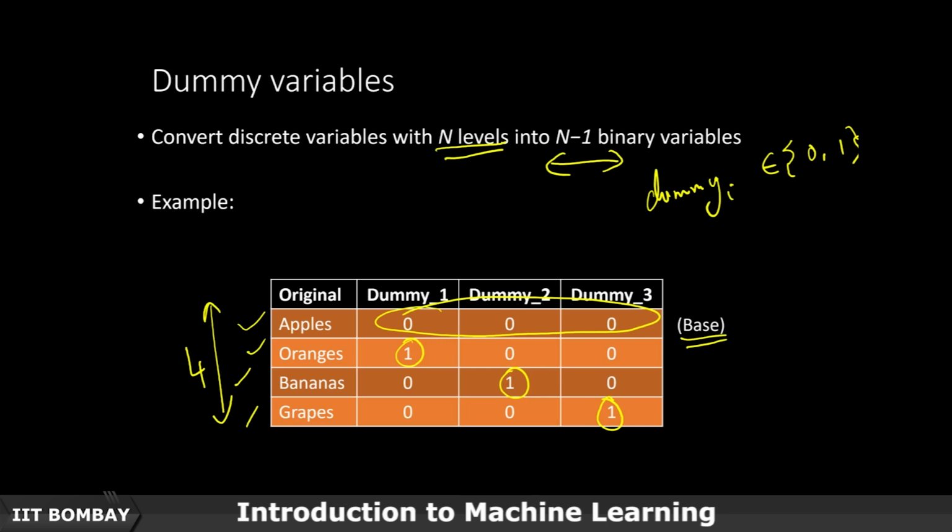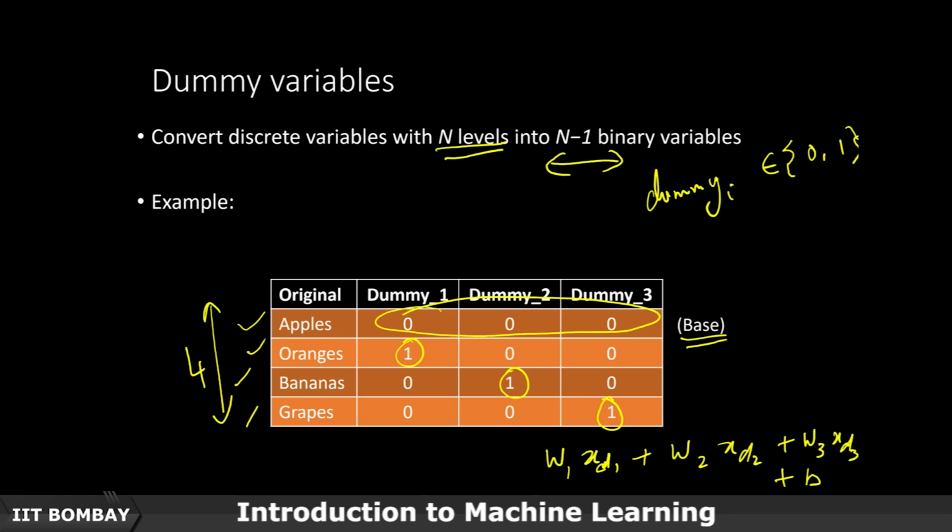So what will happen in the model is that we will have something along the lines of w1 times x dummy 1 plus w2 times x dummy 2 plus w3 times x dummy 3, plus b. So what happens to the effect of apple? The effect of apple will be in the base, in the bias, in b.